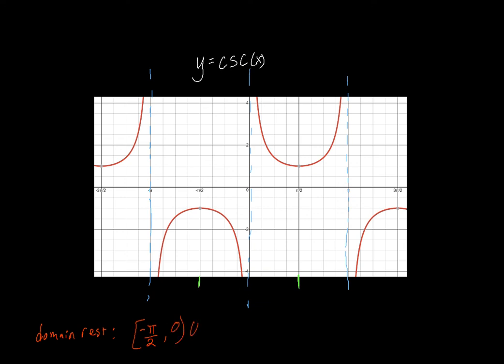So we say 0, and then we combine it with 0 all the way to pi over 2. Basically, what that's saying is we're going to choose everything from negative pi over 2 to positive pi over 2, but we're going to neglect 0. 0 is not included inside of that domain restriction, just so that we don't include that asymptote, because no point exists there.